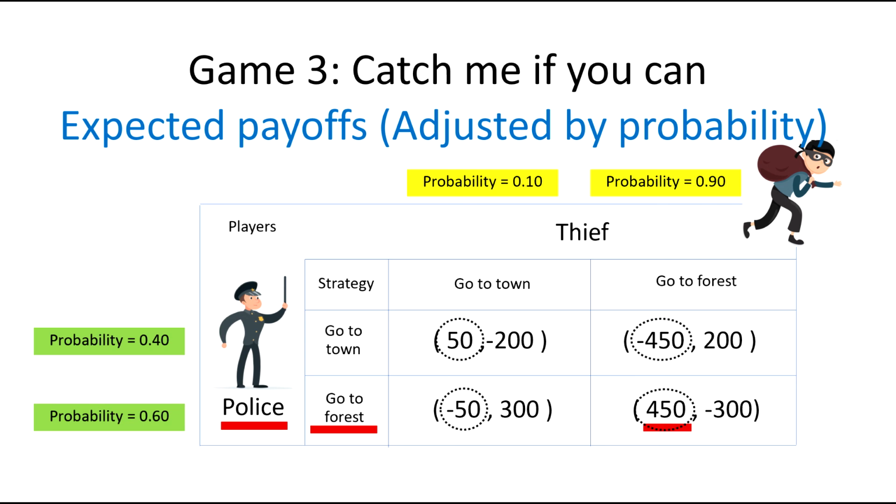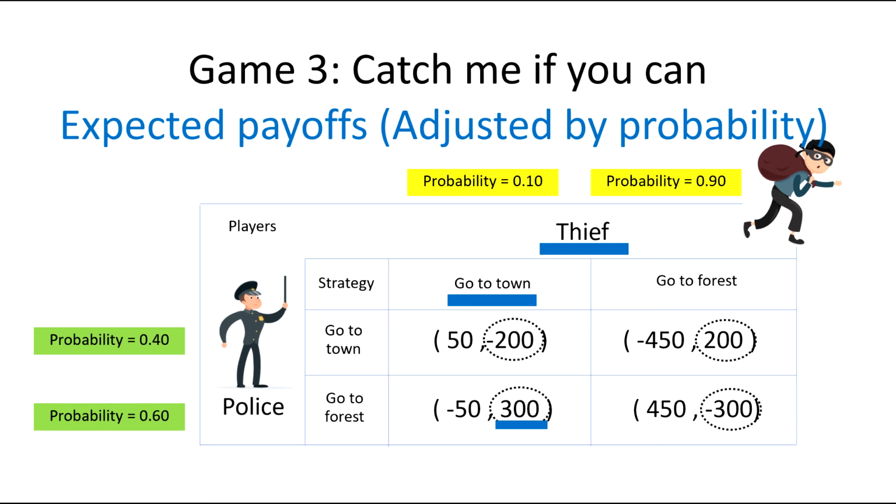So the police will go to the forest. This is the decision of the police to choose the highest expected payoff because he or she can expect the highest outcome of his action. If he goes to town, he expects that the highest outcome is just 50. But if he goes to the forest, then he expects that the outcome is 450.